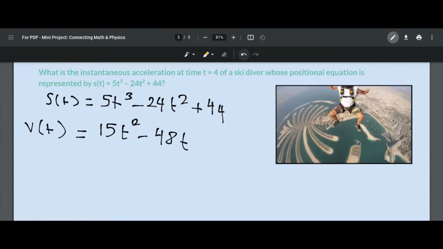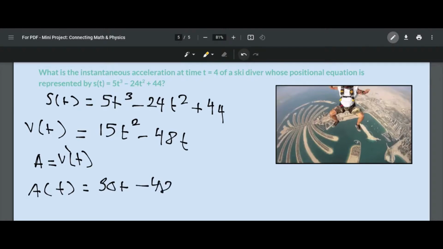And to find the acceleration, you need to find the derivative of the velocity. So acceleration equals the derivative of velocity. Okay, so acceleration equals 30t minus 48.